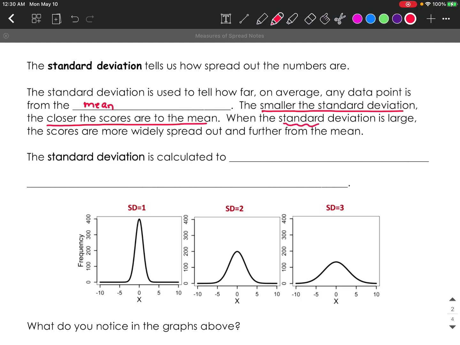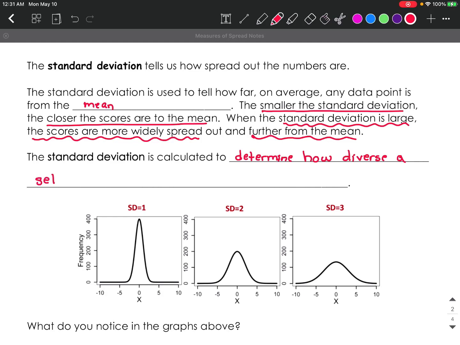When the standard deviation is large, the scores are more widely spread out and further from the mean. So the standard deviation is calculated to determine how diverse a set of data is.